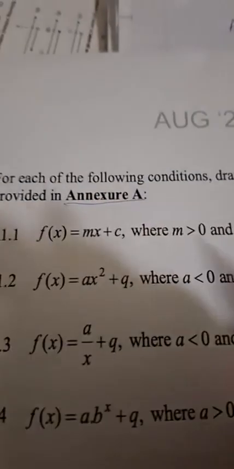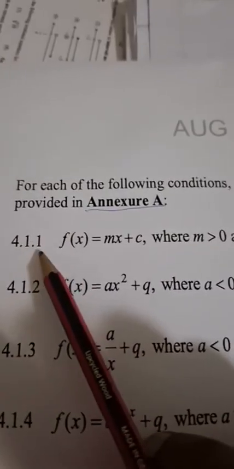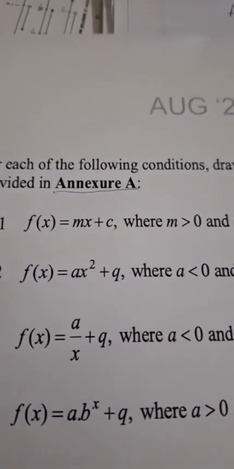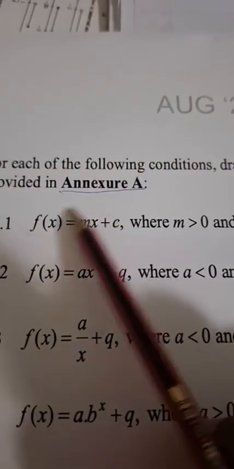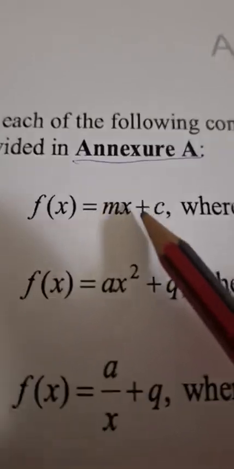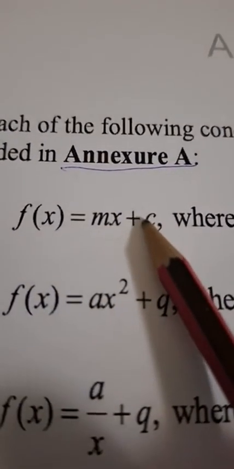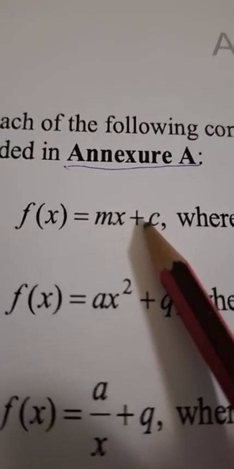Look at this, 4.1, it says f of x is equal to mx plus c. What type of function is this form giving us, guys? Straight line or linear, hyperbola, parabola or quadratic, or exponential? Which one?